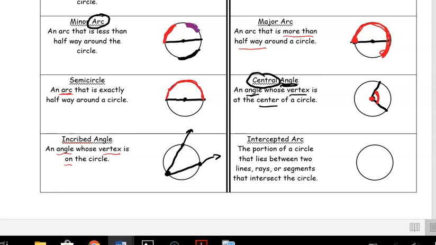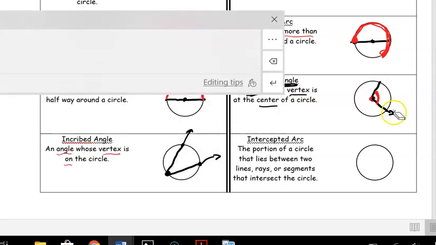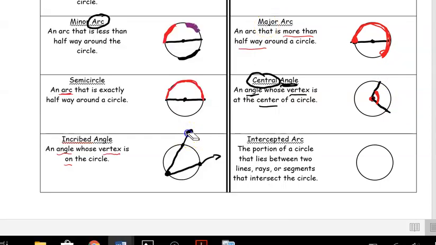They don't have to stop at the circle. Same with this. This could go further if we want, but it just has to start at the beginning. But typically when we're dealing with circles, let me erase that. That's what our inscribed angle is going to look like, because we just created an angle here and our vertex is on the circle.